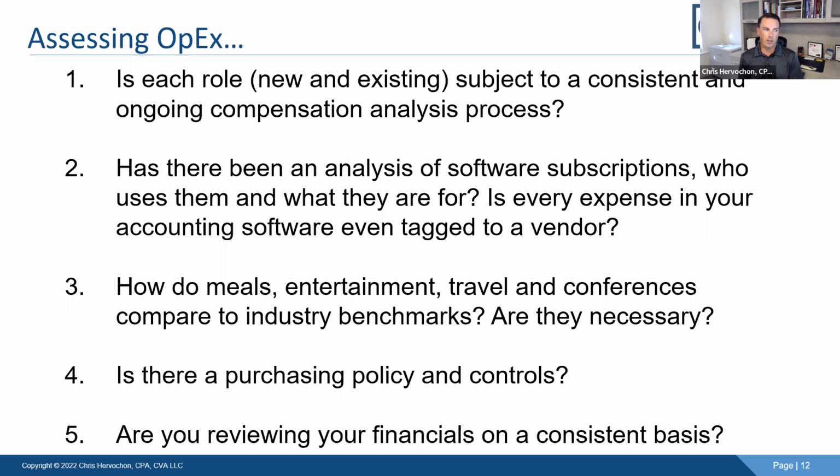Number three, meals, entertainment, travel, and conferences. Travel and conferences kind of go together. They're super important because they lead to your team doing better work. They lead to a more educated, more innovative team. That is always a good thing. That should make you more profitable over the long term. Meals and entertainment, that can get out of control in an absolute heartbeat.